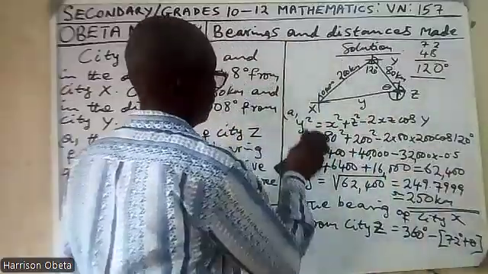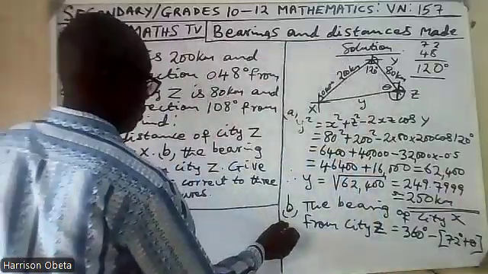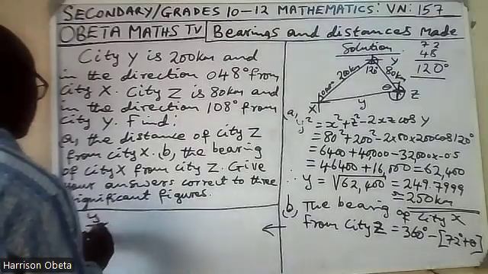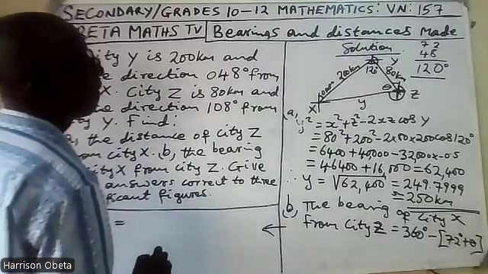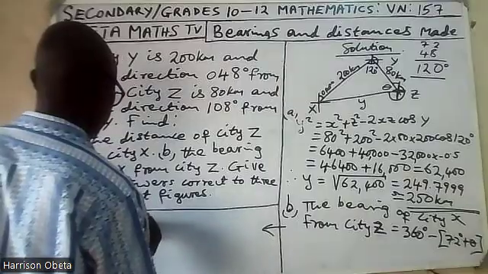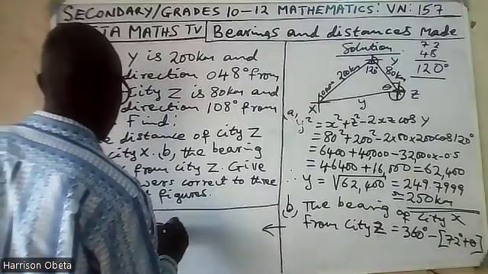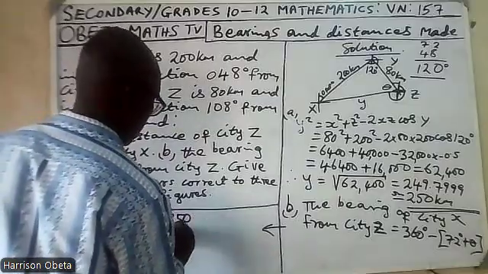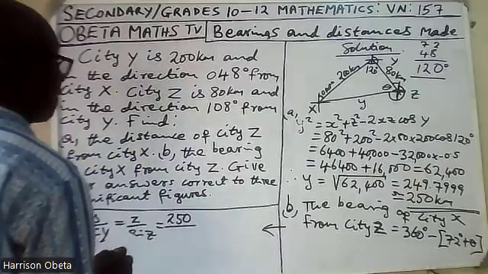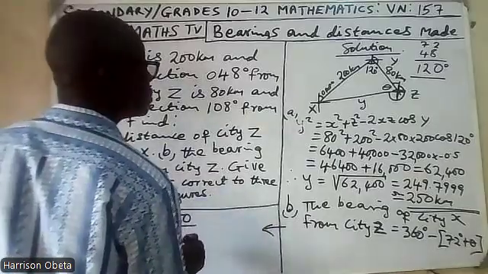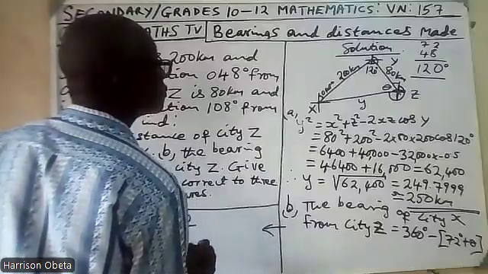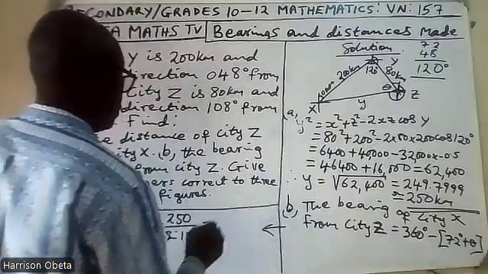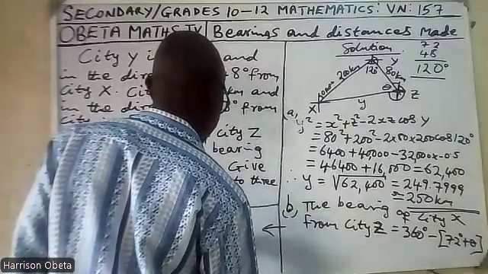Or we can come to this side, and then we use the sine rule. y over sine y is equal to z over sine z, and that is 250 over sine 120 equal to 200 over sine theta.